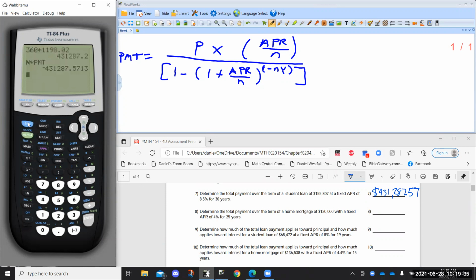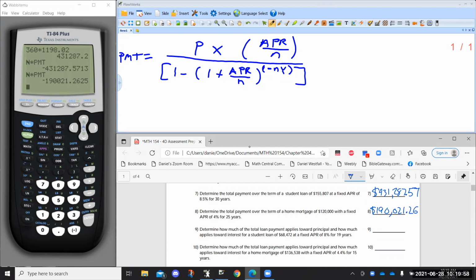Then we're going to come back and we're going to do this same thing here. We're going to say that it's $190,021.26.